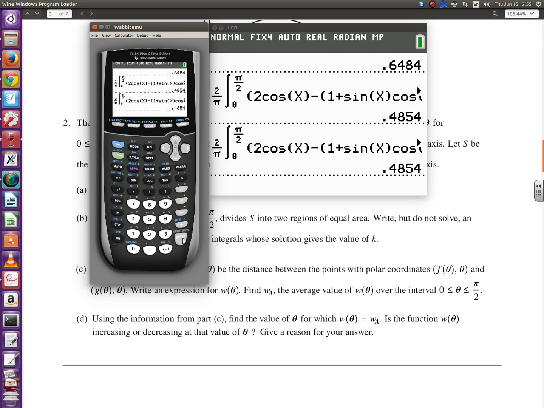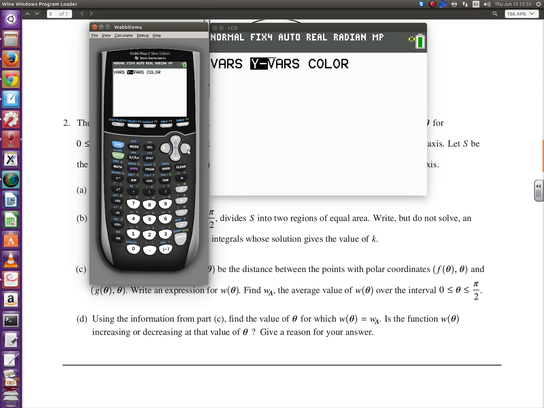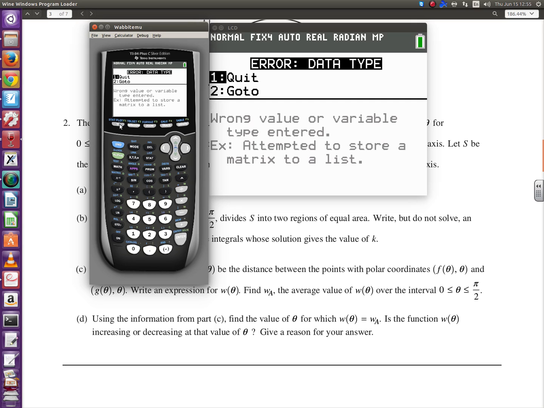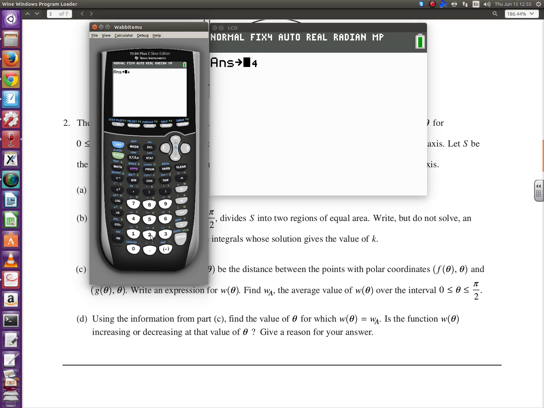So let's store that as y4. What happened? Why can't I do that? I can't store that in y4?